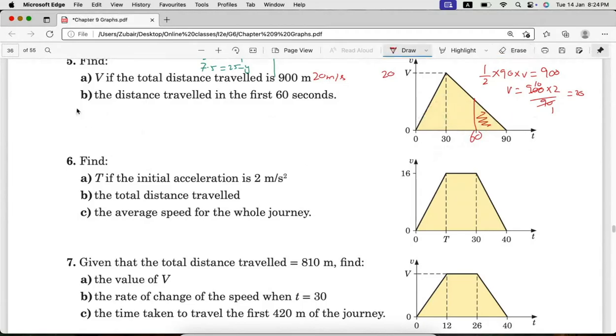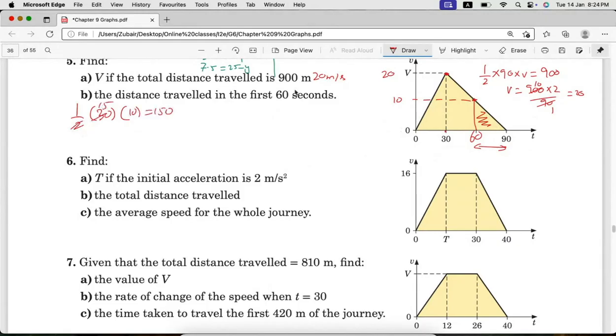So one thing is 1 by 2 and base is from 60 to 90. Base is 30 and height. Now we can again see that this is exactly in between 30 and 90. So it should be in between 20 and 0 and this height should be 10. This value is 10. So 1 by 2 base into height, that's 15 into 10 is 150 meters.